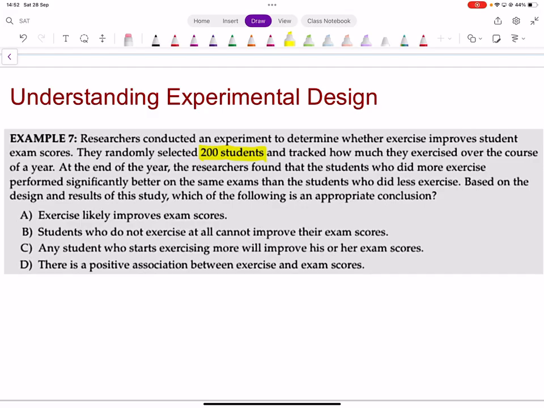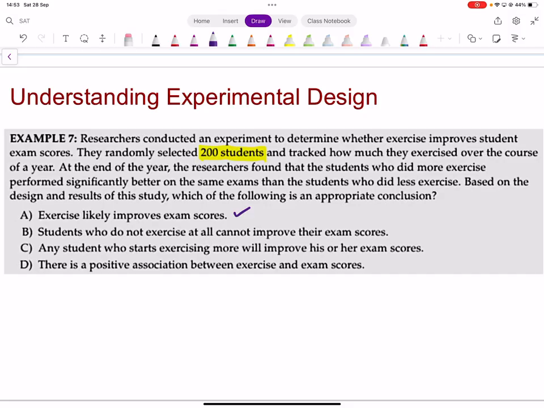What do you think? B? D? So A is saying exercise likely improves exam scores.